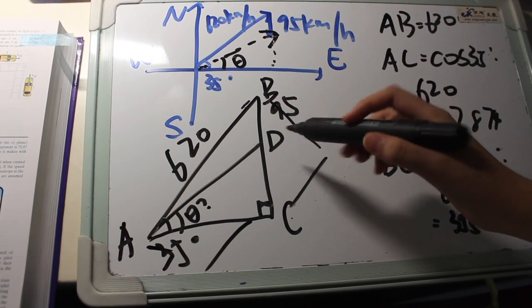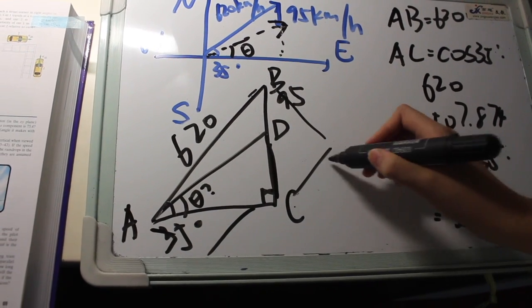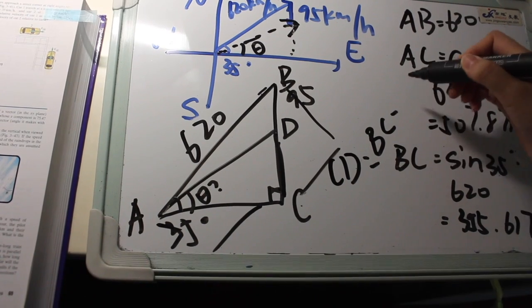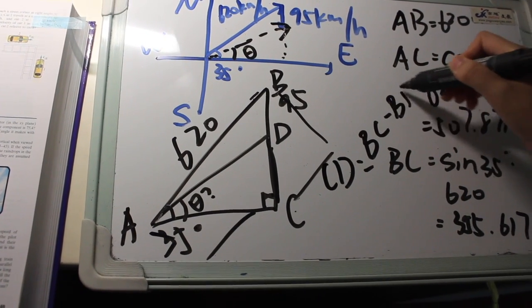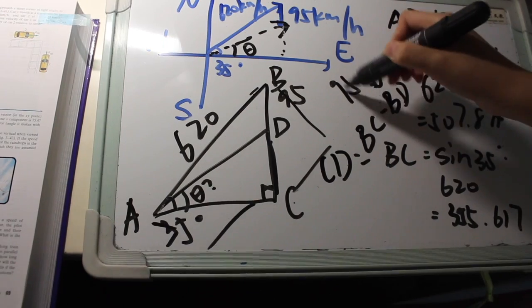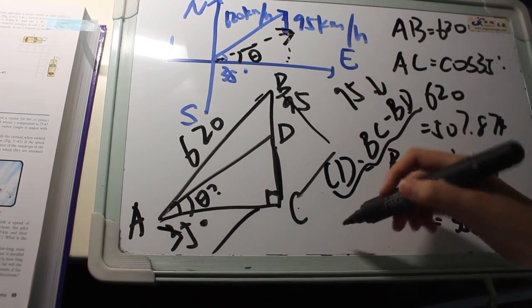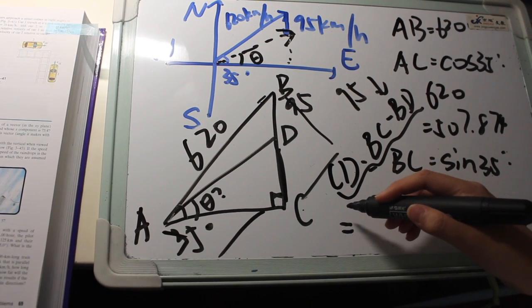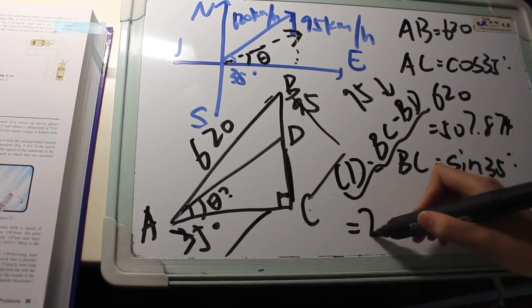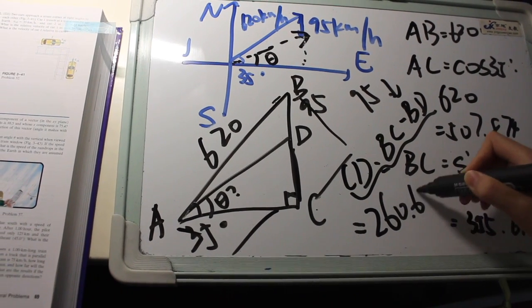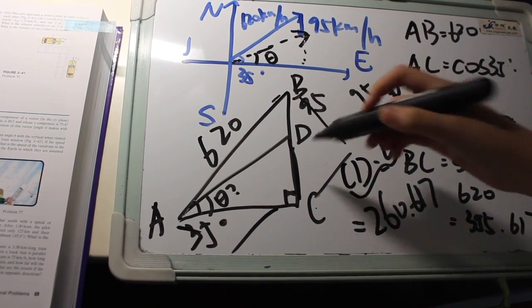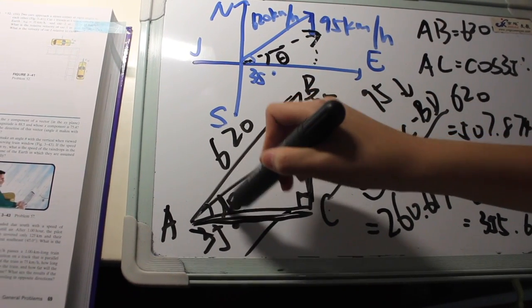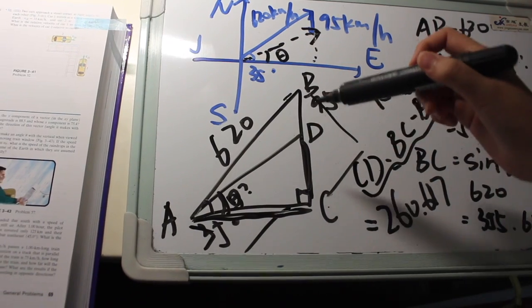Then we can calculate CD. CD equals BC minus BD, which is 95. Then CD is equal to... now we know CD, we know AC, we know tangent sigma.